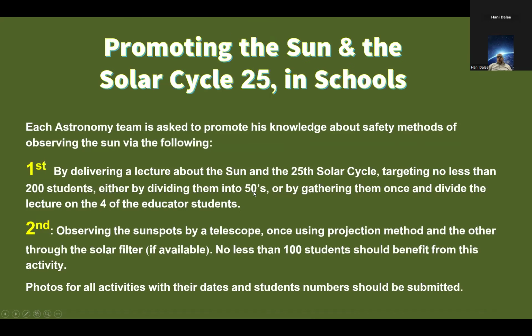Okay, so what we want from you, we want you to do two things. You have to target 300 students with lectures and solar observation for the sunspots. You have to take the students out to show them the sunspots by the projection method, as well as tell them about the sun itself by lectures and by live observation.